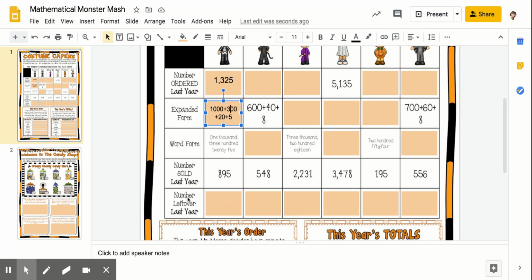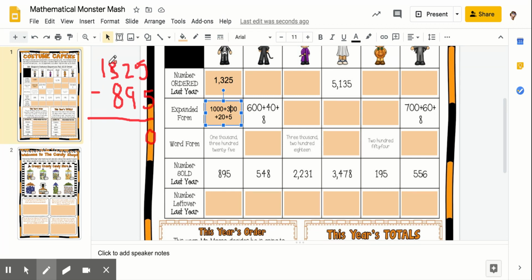Now I would figure out how many he has left over by subtracting, right? So I can do 1,325 minus the number that he actually sold, which was 895. And that would be 0.